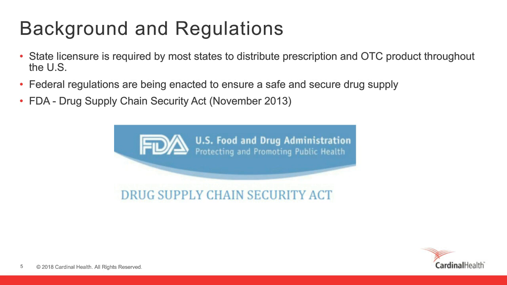With the 2013 enactment of the FDA's Drug Supply Chain Security Act, several state boards of pharmacy modified their licensing programs to incorporate additional requirements. This was done to better ensure a safe and secure drug supply chain.